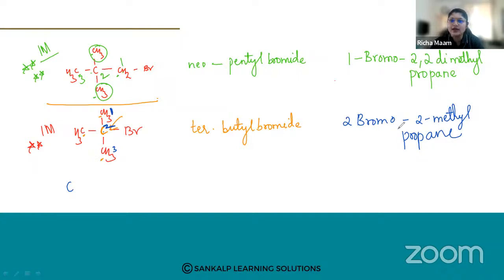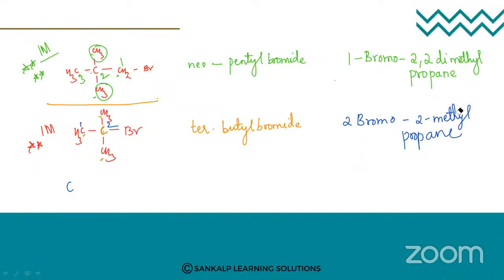So butyl bromide. Now when we are writing this, we have to see the longest carbon atom chain. If I number it like this, it will be only 1 and 2. The longest chain will not go like this, either it will be like this. The number of carbon atoms should be maximum in the parent chain.